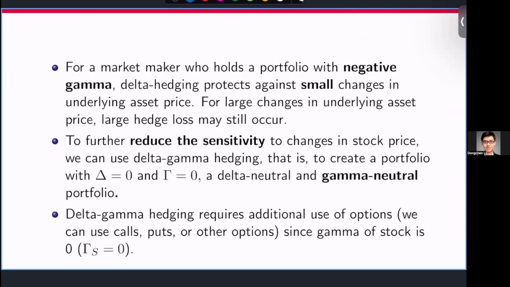The delta of a stock is one, regardless of the stock price, so gamma, which measures how delta changes with respect to stock price change, is of course zero. By introducing the underlying asset to your original portfolio, you cannot introduce a positive or negative gamma. So when you combine them, you still get the gamma of the original portfolio, and gamma cannot be reduced to zero.